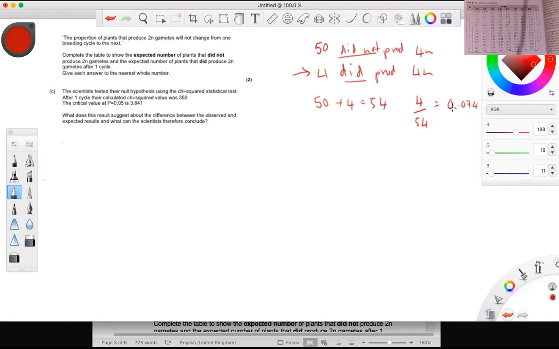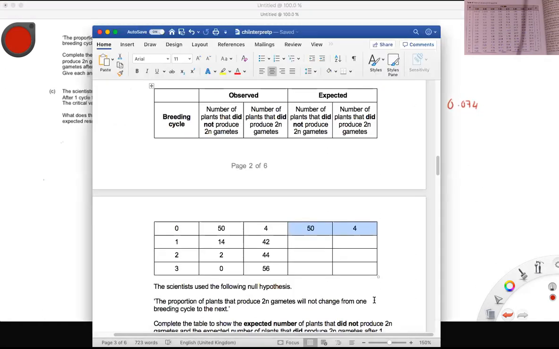Okay, so if we go back to the question, we're looking at breeding cycle number 1. In the observed column, it tells us that 14 plants did not produce and that 42 plants did produce.